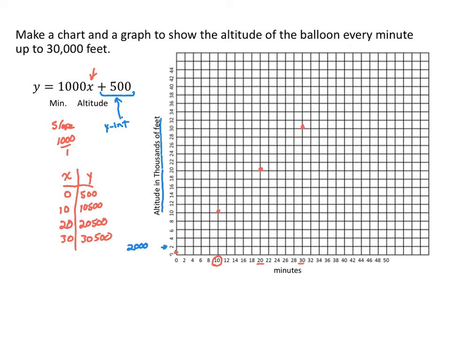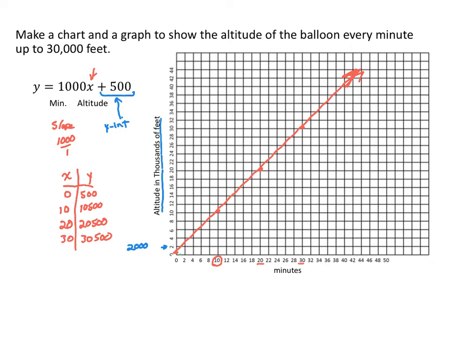See what I can do to get that lined up. Like that. Okay, that's the best I can do with the equipment that I currently possess. All right, so there is our line. And we can show the altitude every minute, because the altitude every minute we can read from the graph.